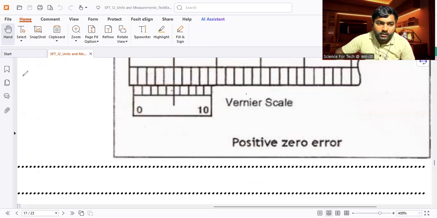Here, on the vernier scale, this line is coinciding with the main scale, no? Can you see? This line is directly coinciding with the main scale. So this is the vernier part number we are looking for. This is 0, this is 1, 2, 3, 4, 5. So the fifth one is coinciding with the main scale. Understood?